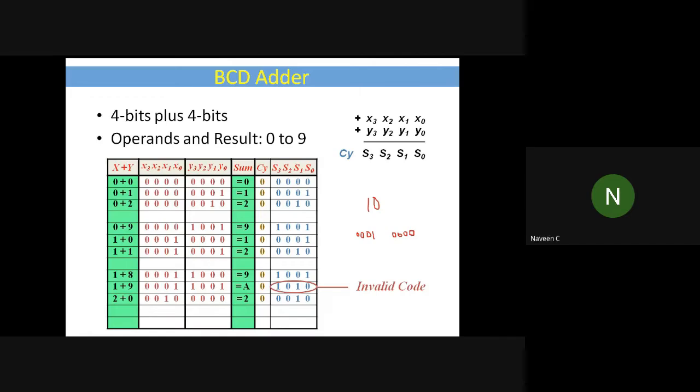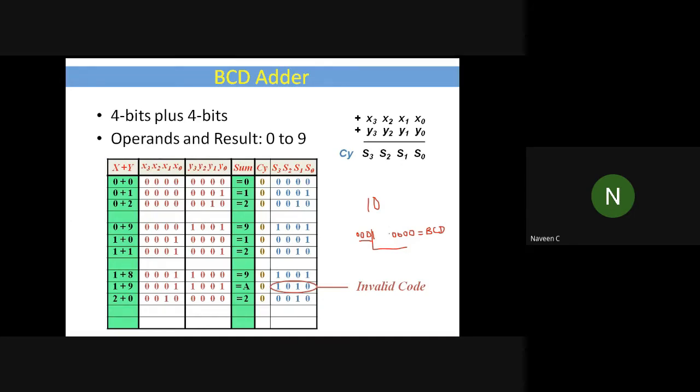This is the representation of BCD. If you combine this, it is 1 0 0 0 0, which means 16. This is actually the BCD representation of 10. If you want to represent BCD, you need to represent like this only. After 9, you have to represent everything like this only.